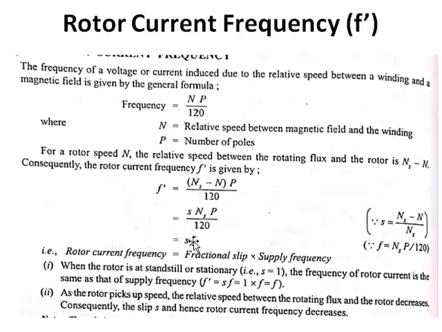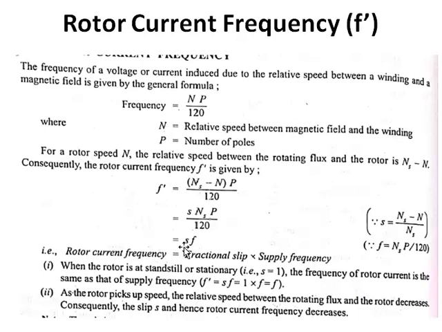If the supply frequency is 50 hertz, initially the rotor current frequency would be 50 hertz because s would be 1 initially. As the rotor picks up the speed, the relative speed between the rotating flux and the rotor decreases, consequently slip s, and hence rotor current frequency, decreases.